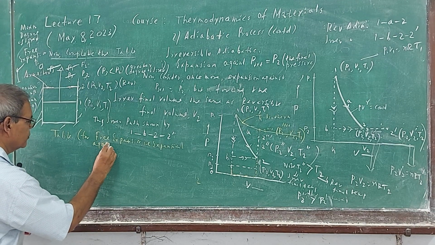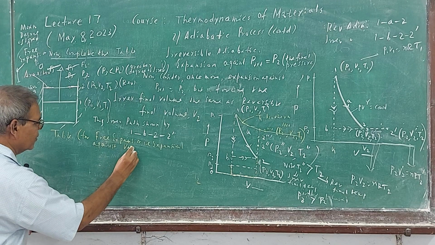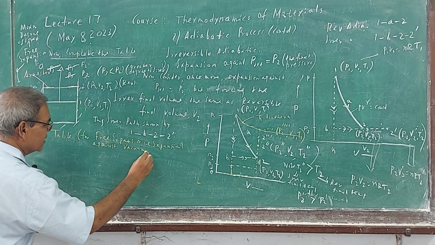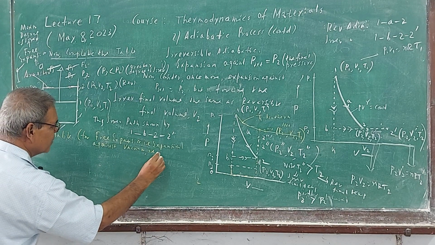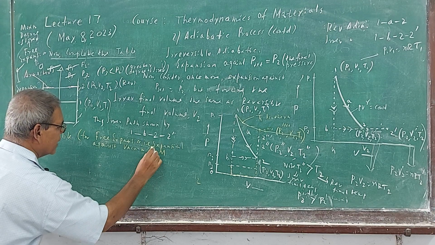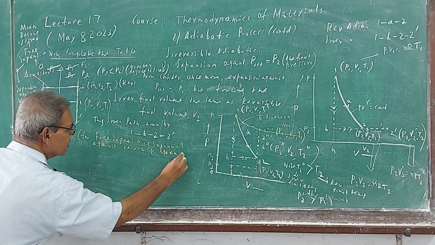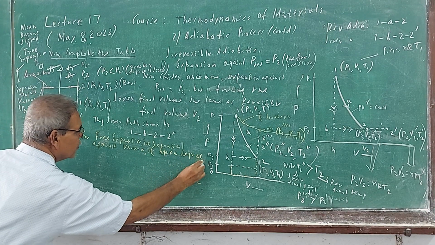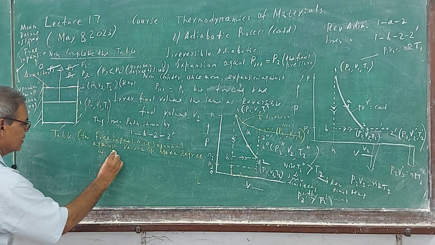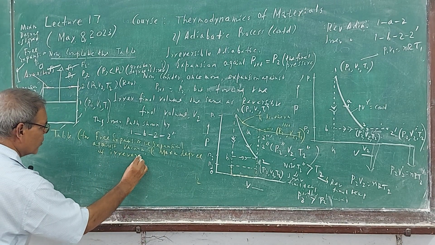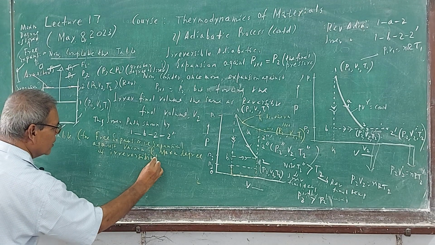Sorry, I'm going too fast. Vacuum, write all these things. And write in brackets: maximum degree of irreversibility. Good, over. This part is almost over.